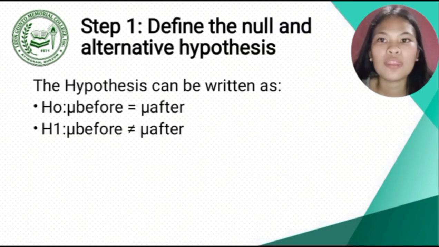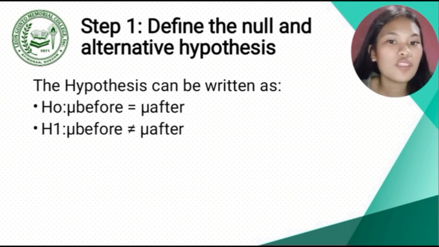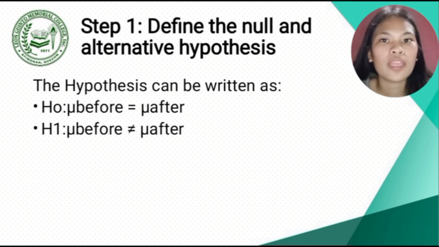Step 1. Define the null and alternative hypotheses. The hypotheses can be written as H0, the null hypothesis: the mean before and after the special tutoring is equal, meaning the course did not make any difference.